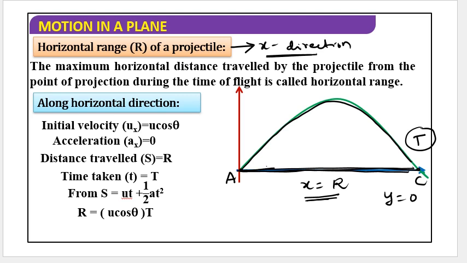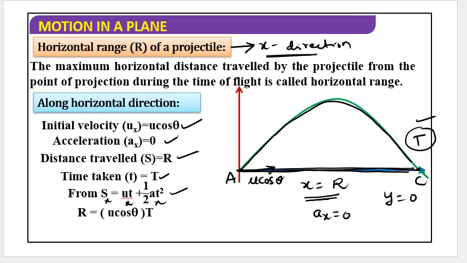So already we know very well along x direction the initial velocity is u cos theta, and along the horizontal direction the acceleration is equal to 0, ax equal to 0. This time the distance is equal to r, and the time taken from A to C is the time of flight, that is capital T. Then use the second equation of motion, s equal to ut plus half at square.